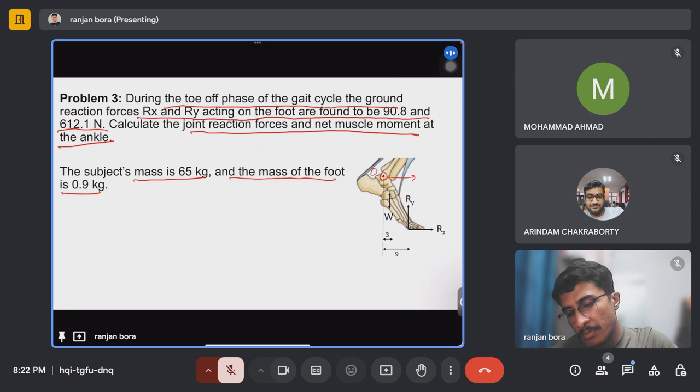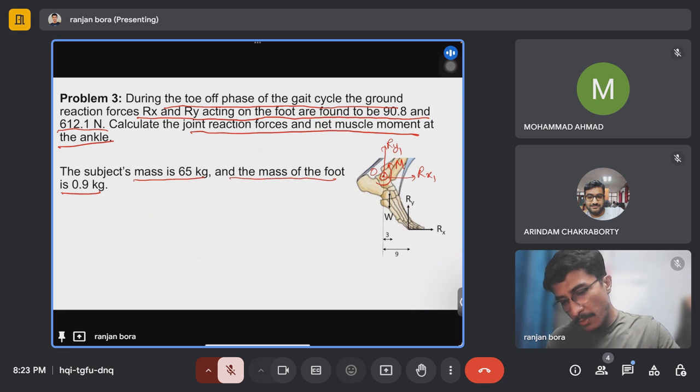So what is the first step? We will assume one reaction force in this direction, Rx1, Ry1, and we will assume one moment as M. The weight of the foot is given as 0.9 kg.